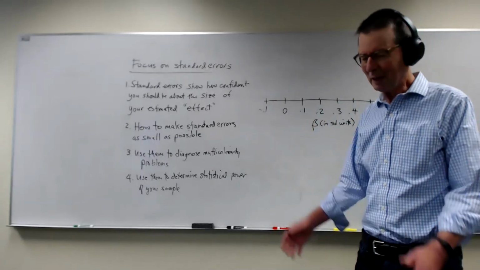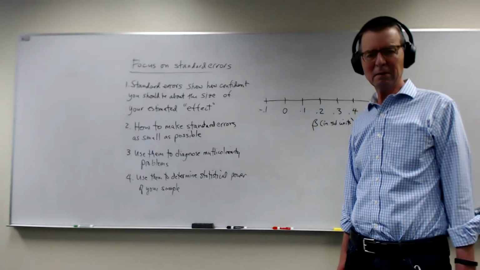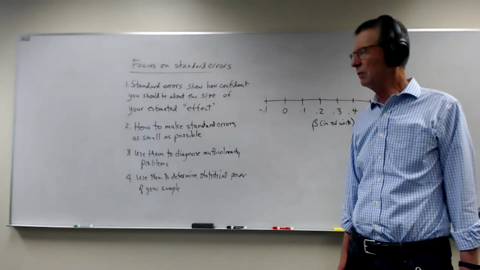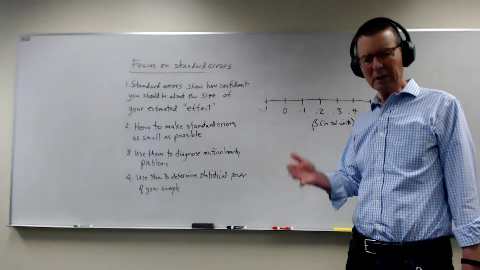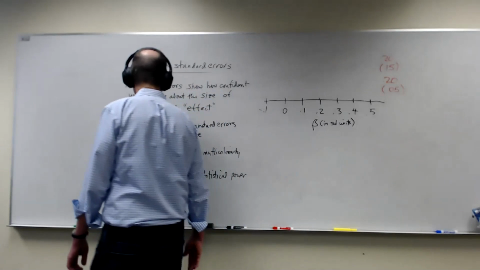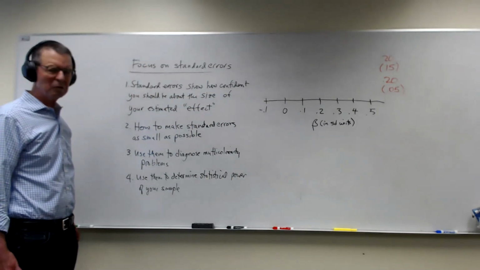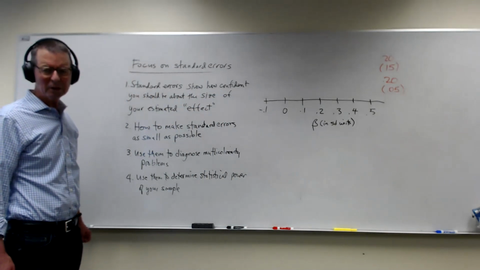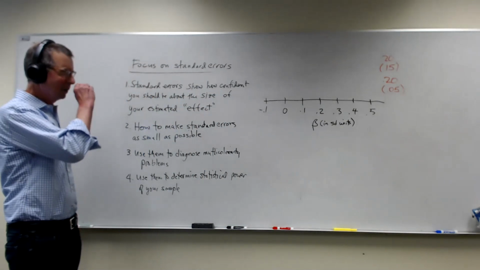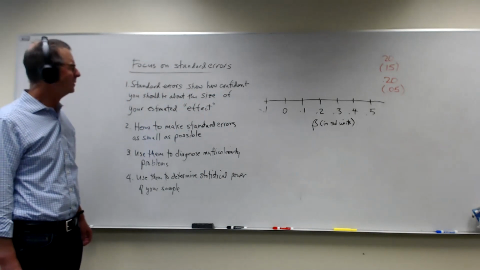The goal was to have unbiased estimates of causal effects from regression coefficients. And that's certainly the most important goal. But I'm fond of saying that standard errors are almost as important as regression coefficients are. And that's because they have a lot of information to tell you.